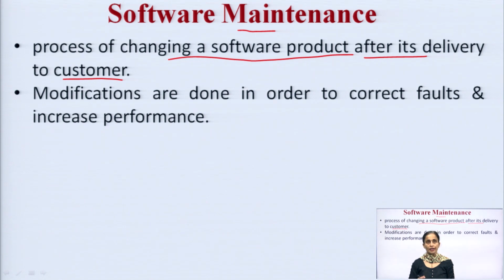Next, if there are certain changes in the software, how we are going to take care of that is the process of changing with the ever-coming needs of software specification change, to correct the faults, to increase the performance, to correct the errors, to modify the software even after its delivery, to maintain it properly. That is the process of software maintenance.